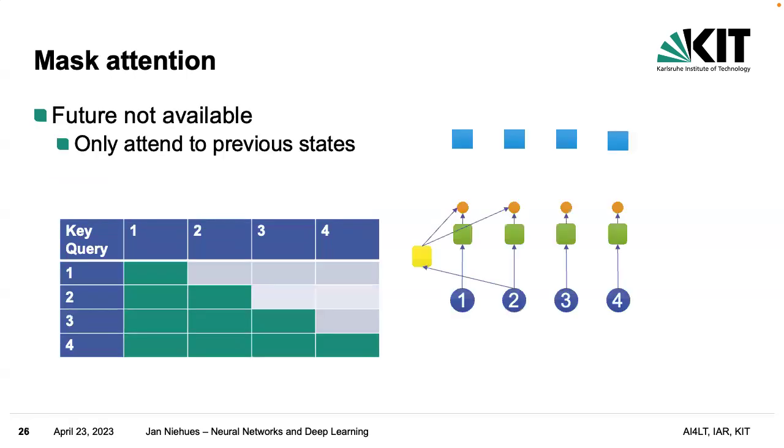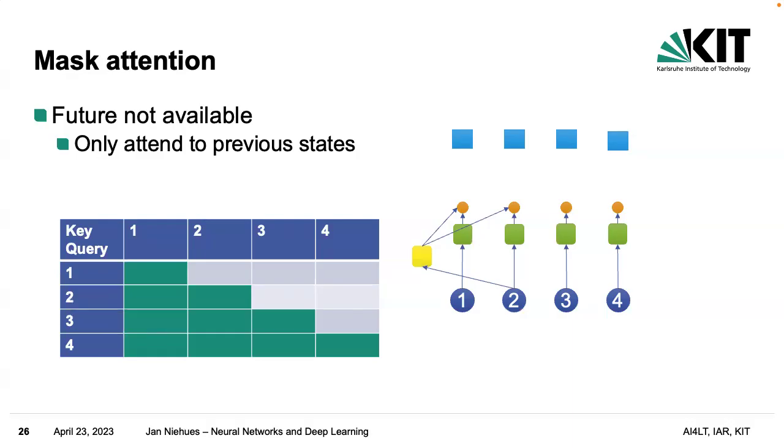That is what is referred to as masked attention. That means you're only attending to yourself and to all the previous ones, but you don't attend to the future. If you look at that from the matrix view, it's very nicely shown. At position 1, you want to calculate the first hidden state, so the first state is your query, and the only information you have is your current state; your key is only 1.